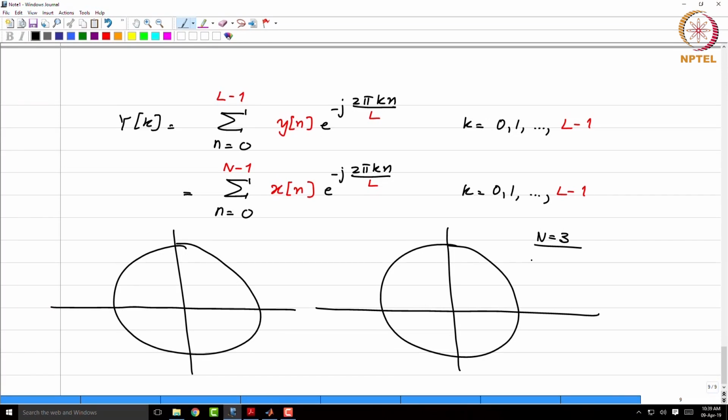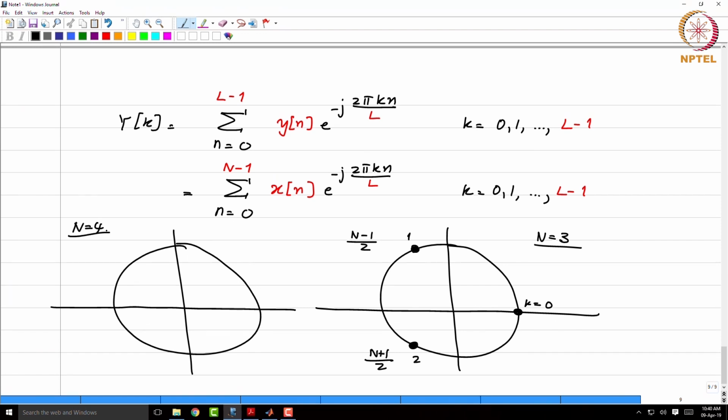Here the spacing is 2 pi by 3. So this is 0, this is 1 and this is 2. So this is k equal to 0, 1 and 2, and in general this point will correspond to (N minus 1) by 2 and this point will correspond to (N plus 1) by 2.